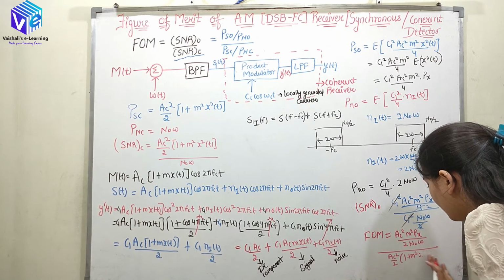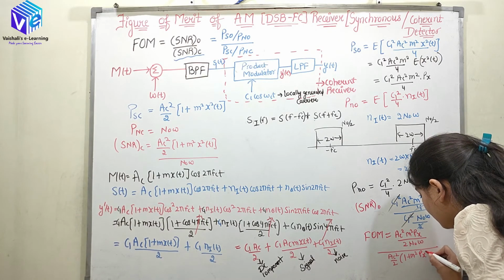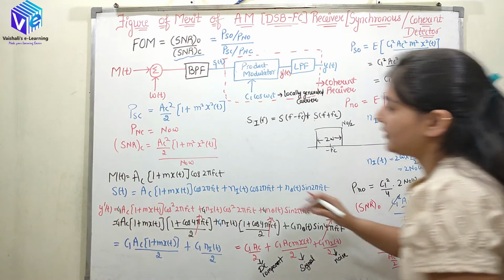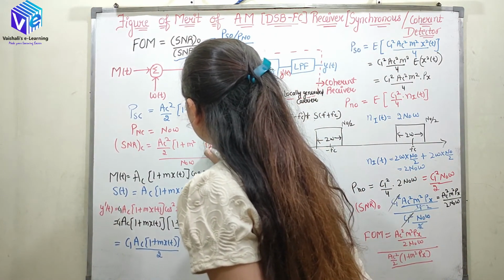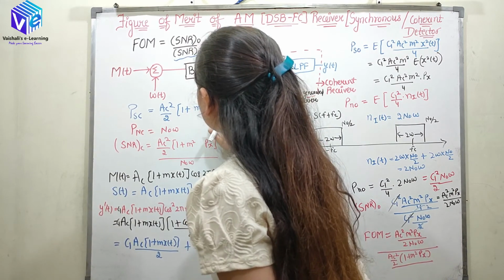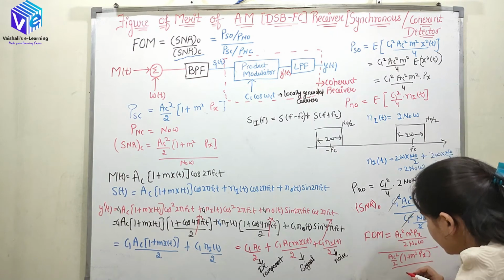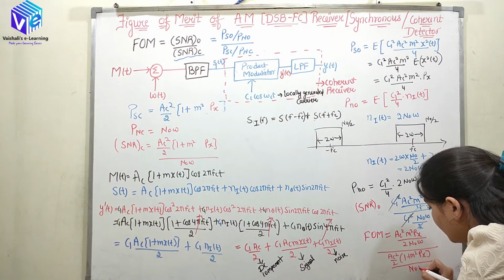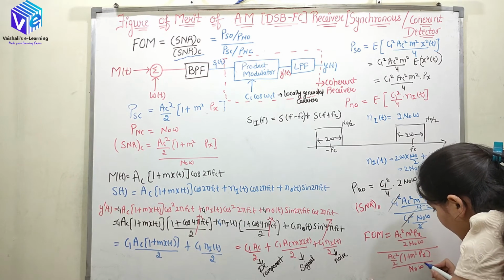So this I can represent in the form of power. So here I'll represent this in the form of power only. So this is PX, because I need to cancel out the power. This is why I am now representing it in the form of power upon N naught W. So now you can simplify it.